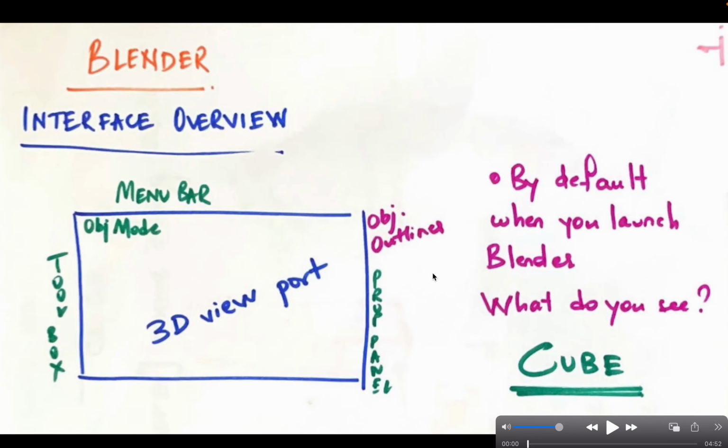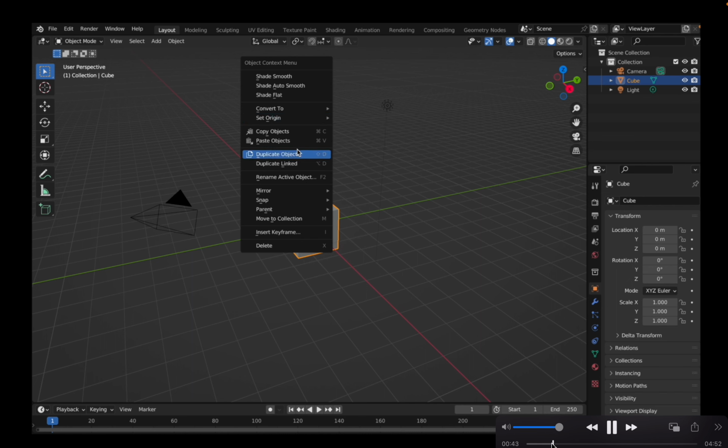When you launch Blender, the first thing that you see is the default cube. Sometimes we may end up deleting the default cube and putting in other objects of our choice.